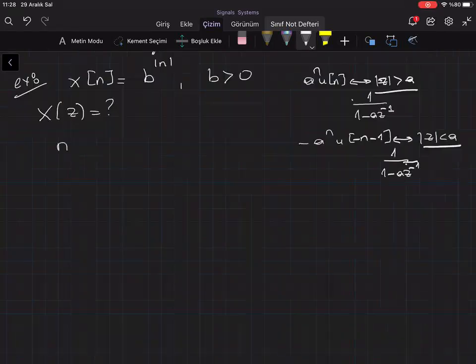For n being greater than 0, what is that part, arkadaşlar? For n being greater than 0, b to the power n u n, right?